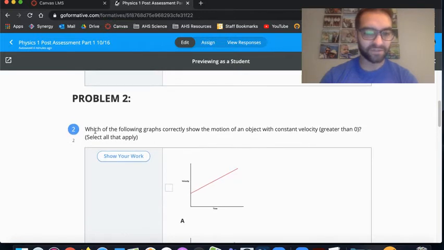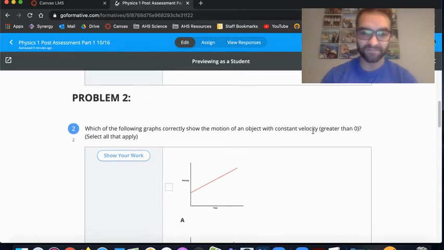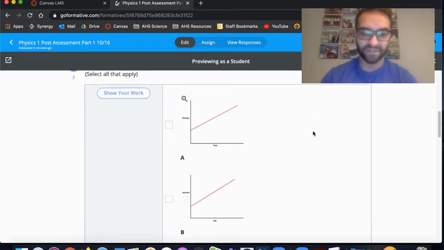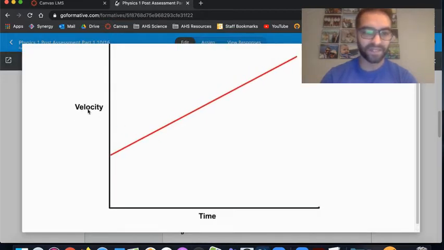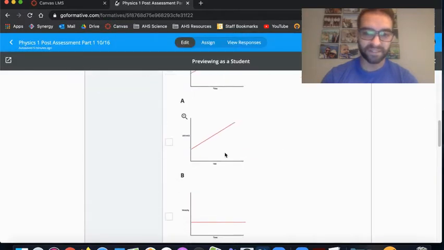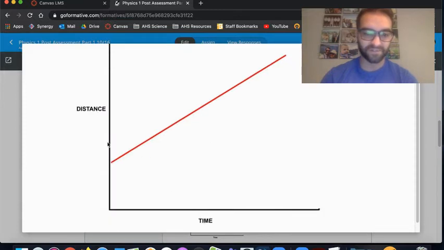Next, which of the following graphs correctly show the motion of an object with a constant velocity? Okay, so the thing with this, you really want to pay attention to is it a velocity versus time, or is it distance versus time? Okay, most of the graphs we've talked about this year have been distance over time.